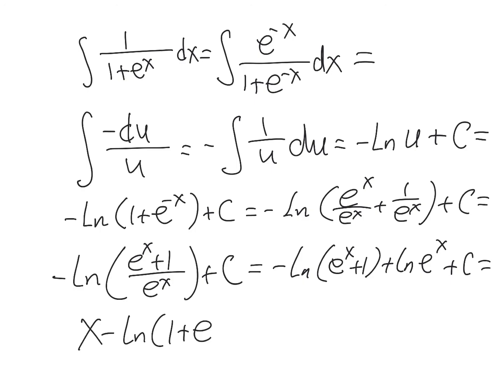But natural log of e to the x is x, so we end up with the same answer as when we use method number 1, namely x minus natural log of 1 plus e to the x plus c.